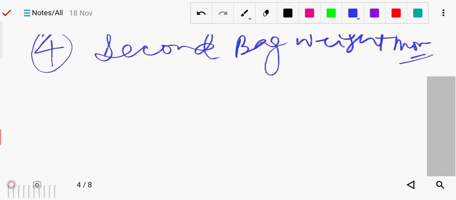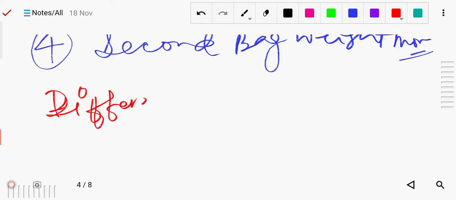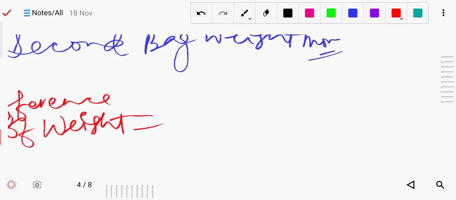So now the second answer, what we have to find is the difference of their weight. So we will subtract these two, as their weights are given.